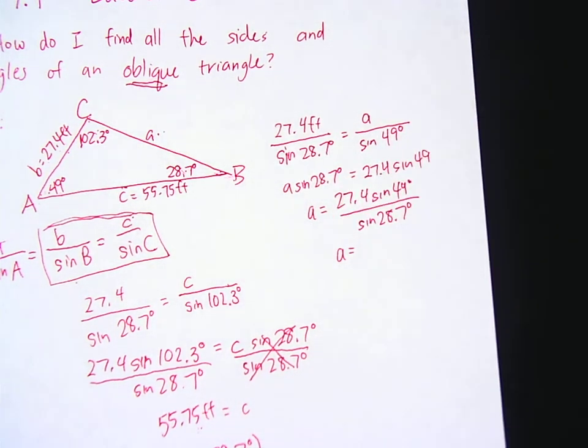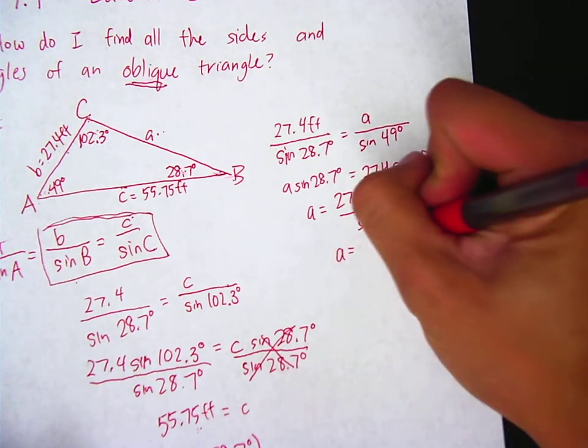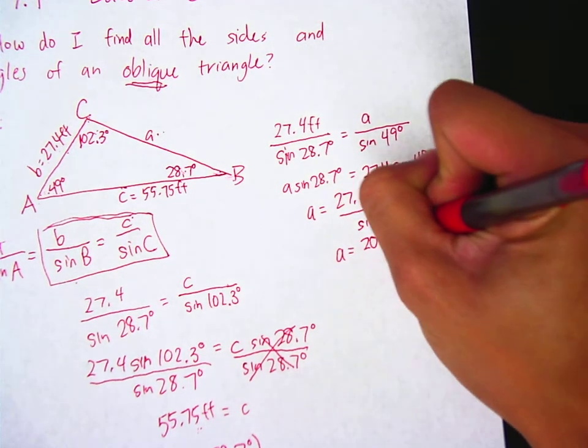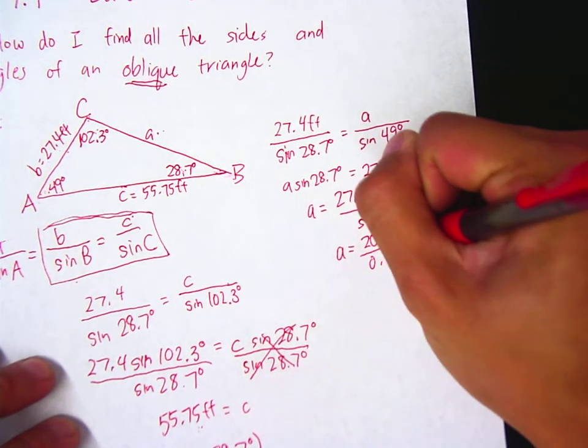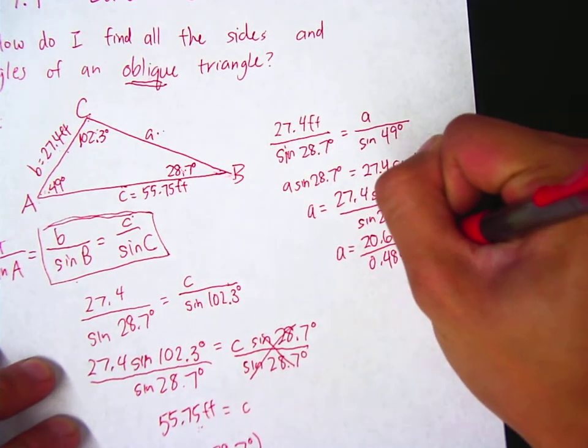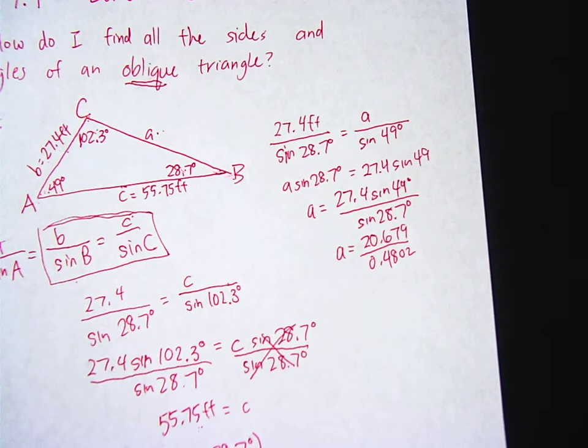Okay, so let's put that in there. So sine of 49 times 27.4, so the top would be 20.679. Okay, and then the sine of 28.7 is 0.4802. Then I'm going to divide the two.